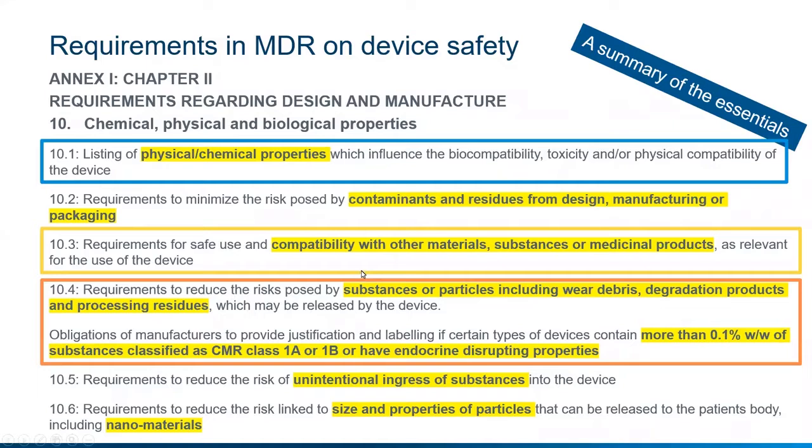And when looking at the requirements, it's especially those substances that have carcinogenic, mutagenic, or reprotoxic effects or endocrine disrupting properties that are in focus, as well as particles. And it's only certain types of devices that are covered.